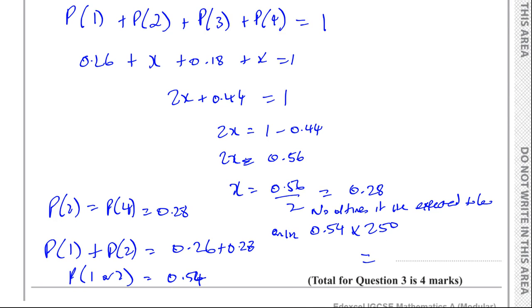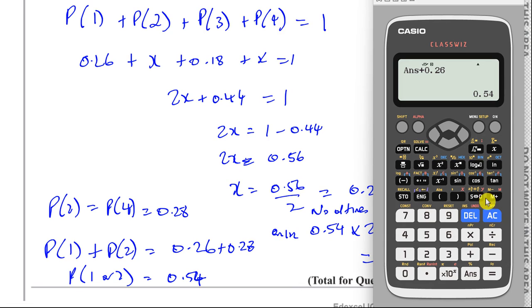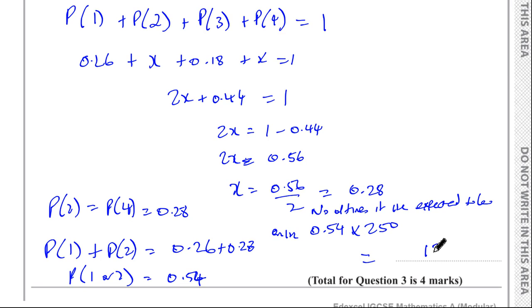And that's going to be 0.54 times 250. So this answer times 250 gives us 135 times. So 135. And there is our answer for question number 3.